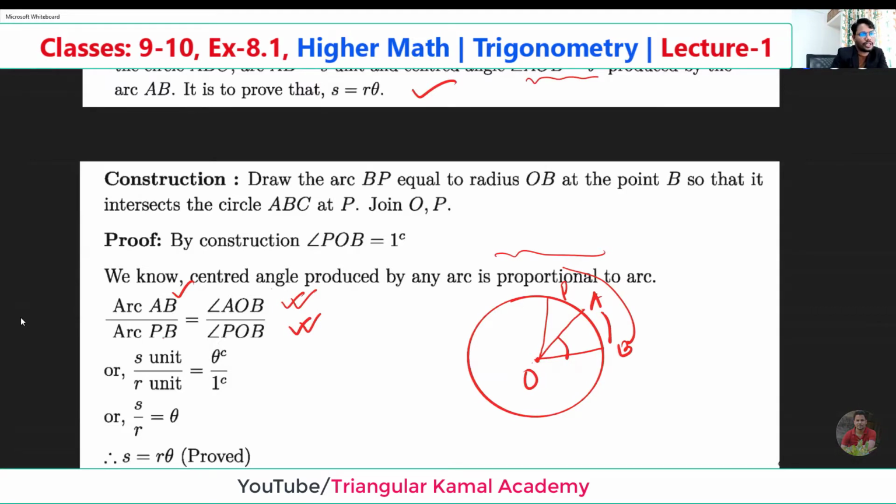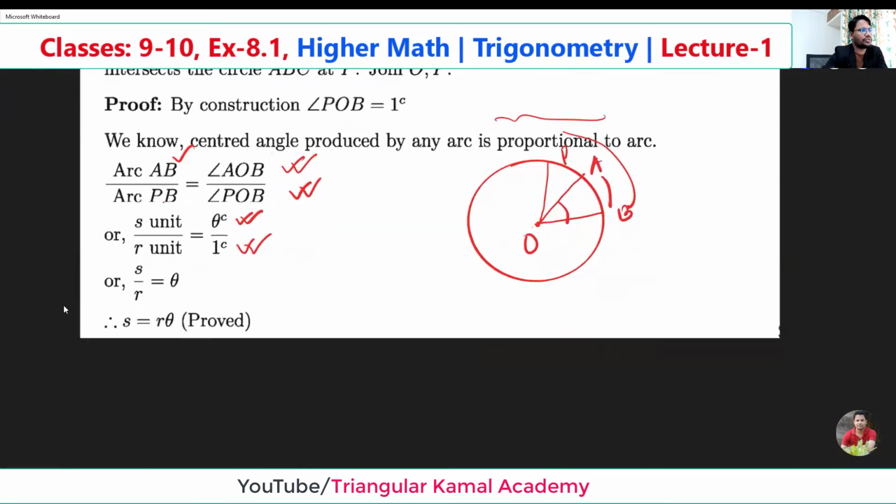Now put the values here. Consider AB equal to S and arc PB equal to R. Here AOB is any angle in radian, and POB is a 1 radian angle. Now do the cross multiplication between them. We will get here S equal to R theta.